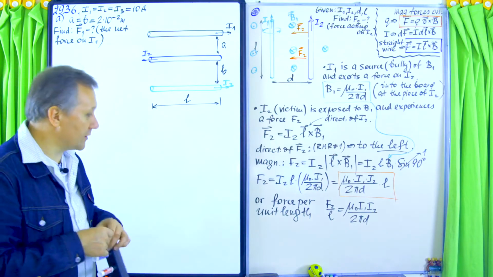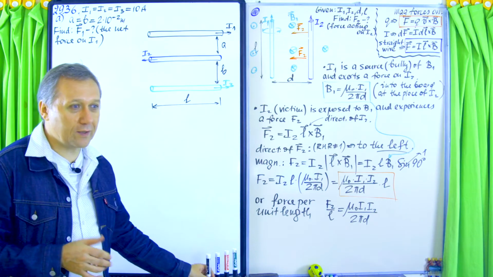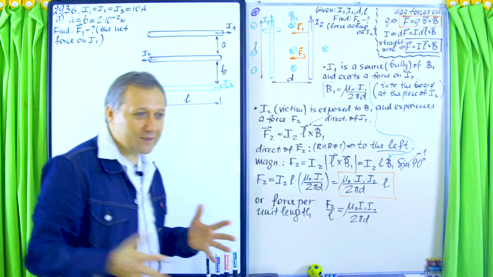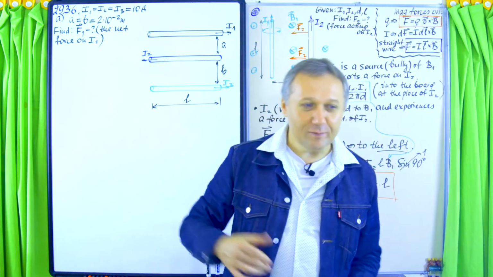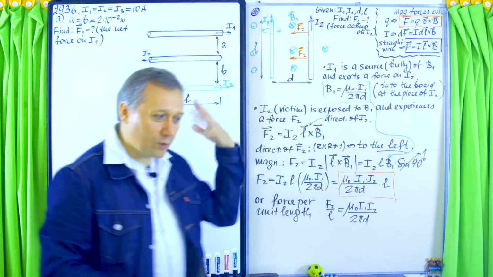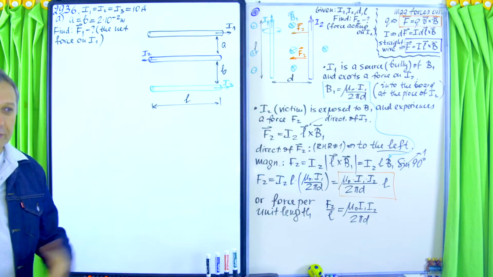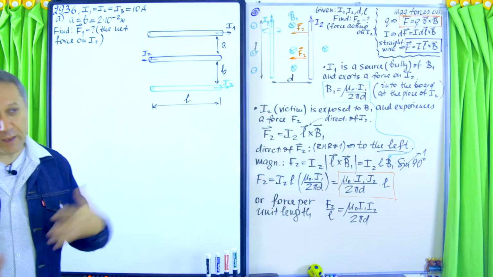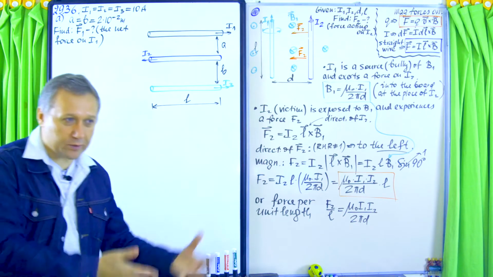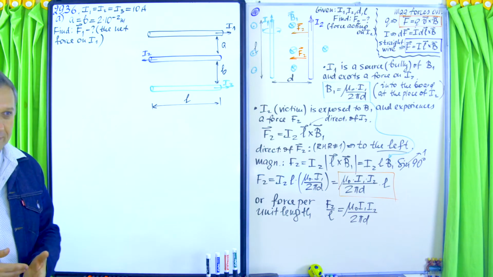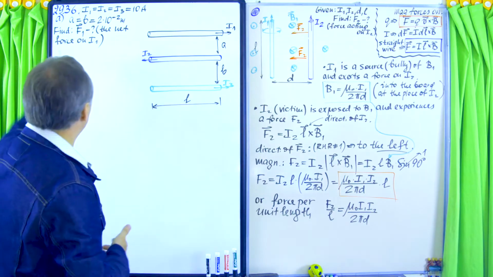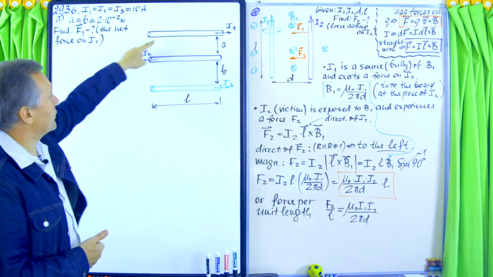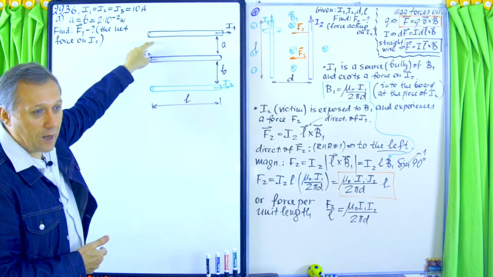And again, before we start discussing, we need to divide these objects into victims and bullies, into the object which experiences the force and objects which exert forces. From the question, since we want to find the force acting on I1, that is our victim.